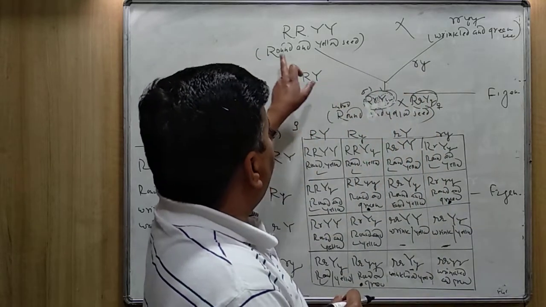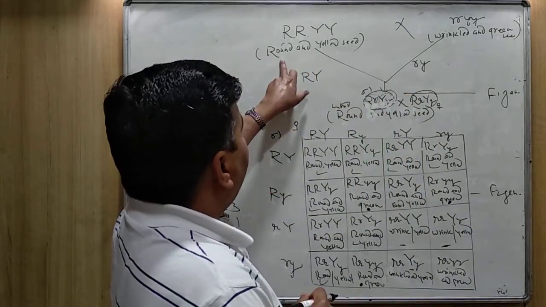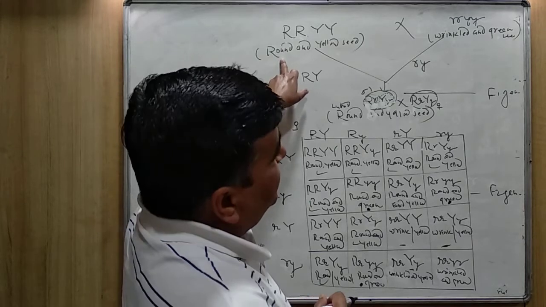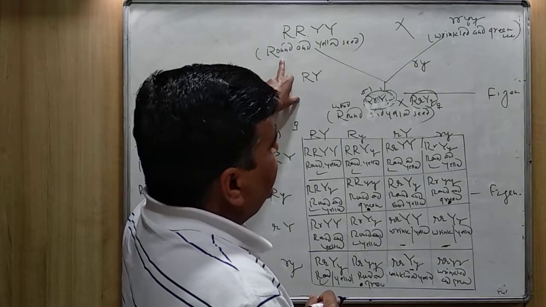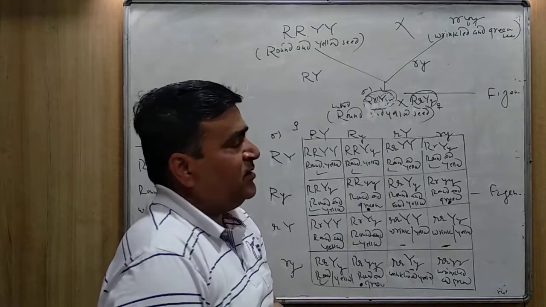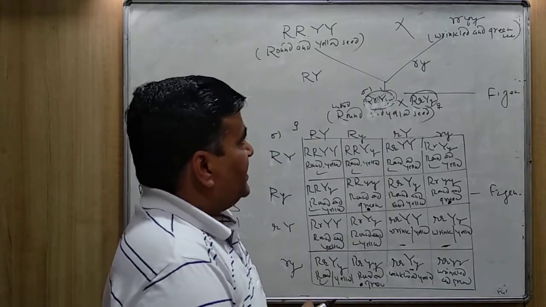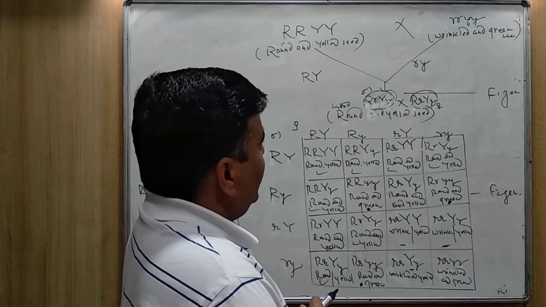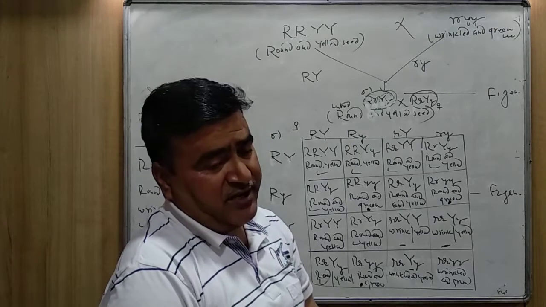So overall, in the F1 generation, what you have observed in this diagram, when Mendel made the dihybrid cross between the plants having the round and yellow seed with the plant having the wrinkled and green seed, he obtained all the plants of the F1 generation having a round and yellow seed.